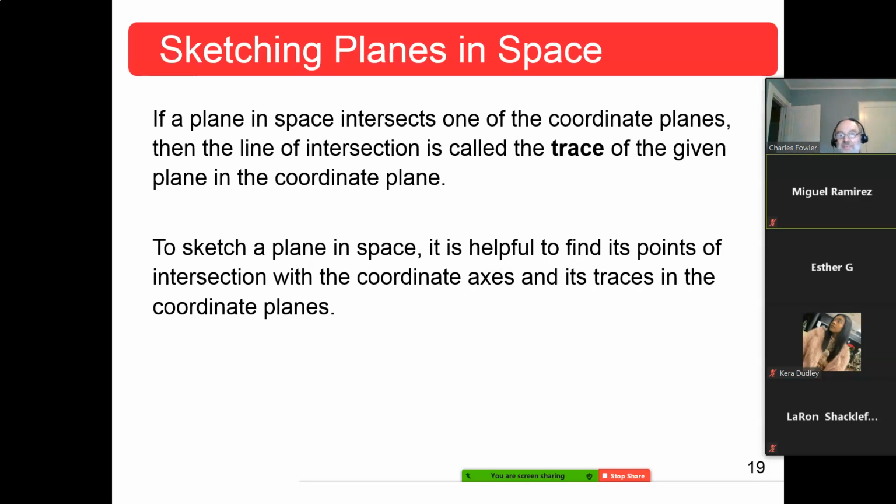If a plane in space intersects one of the coordinate planes, then the line of intersection is called the trace of the given plane in that coordinate plane.